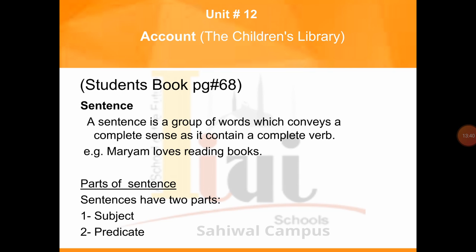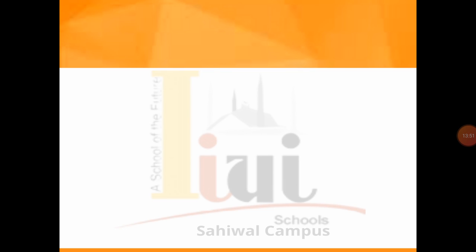And what is a predicate? The rest of the sentence is called the predicate. The part of the sentence that contains the verb in it is called the predicate. Okay.